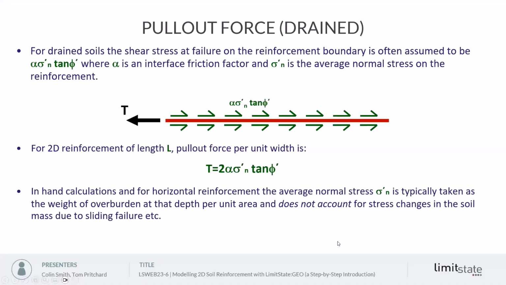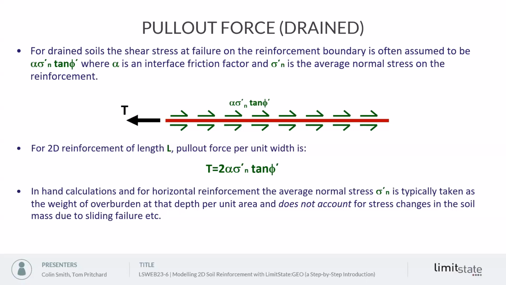So modeling reinforcement. Two main things we're interested in is essentially the pull-out force. So for a drained soil, which is what we're modeling here, the conventional assumption is that the shear stress at failure on the reinforcement is a factor alpha, our interface friction factor, multiplied by the normal stress multiplied by tan phi dashed.